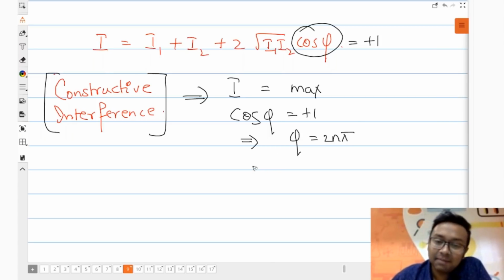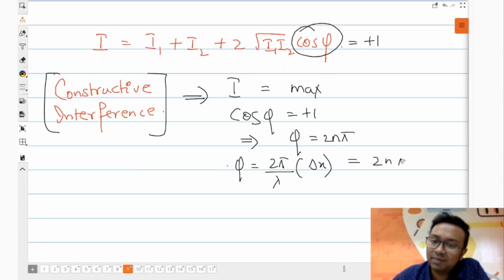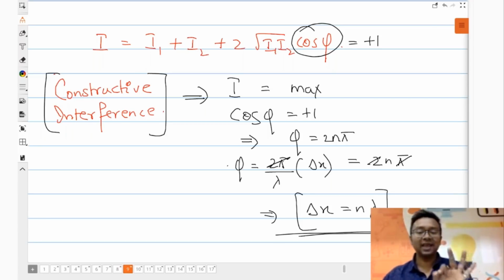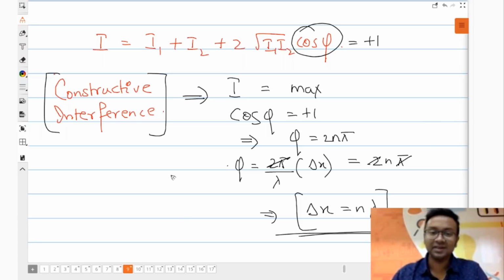Then phase difference phi is equal to what? 2 pi by lambda into delta x should be equal to 2n pi. 2 pi cancel, which implies delta x is equal to n lambda. Students, if the path difference between the two sources is equal to n lambda, I'm going to have a constructive interference.